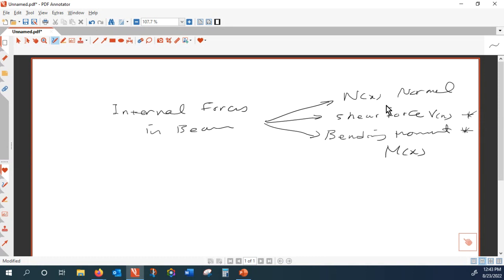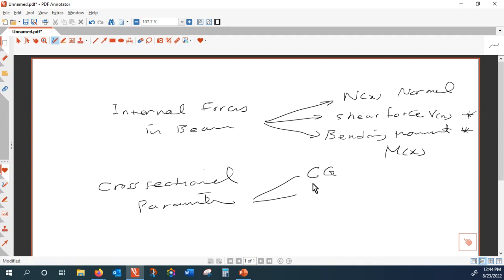So once you find the distribution of these internal forces, we are also interested in the cross-sectional parameters. These are center of gravity, area, and first and second moment of inertia.